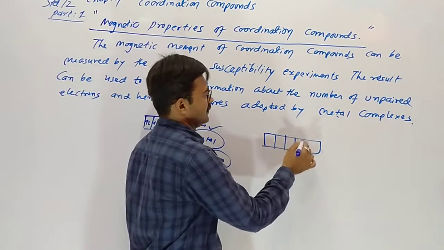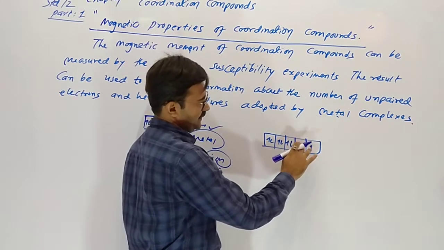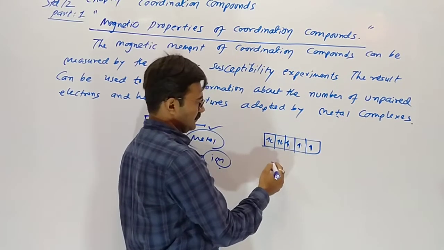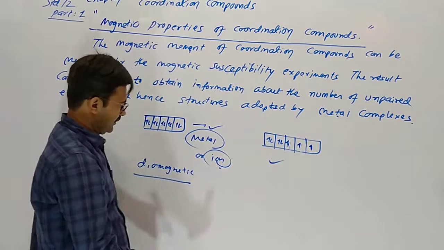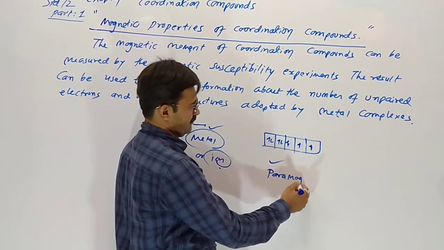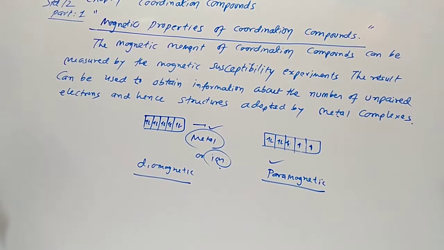Whenever one or more than one electrons are unpaired in the metal or ion, it should be paramagnetic by nature. Understood?